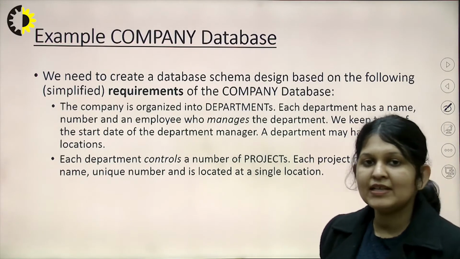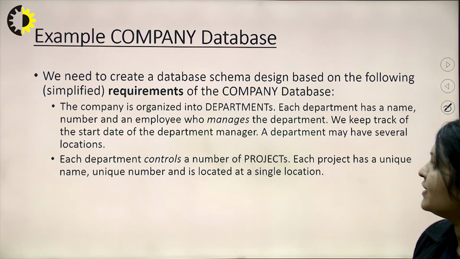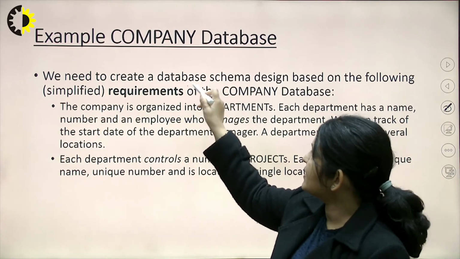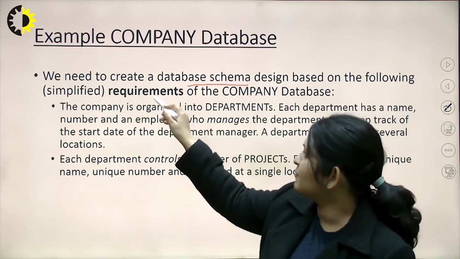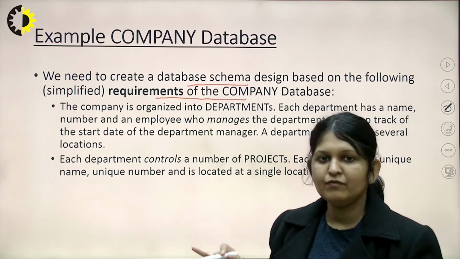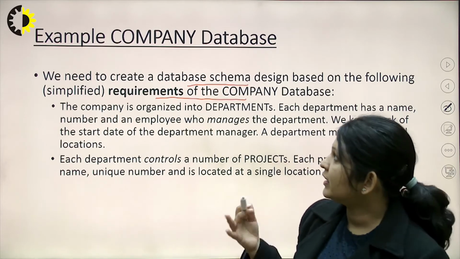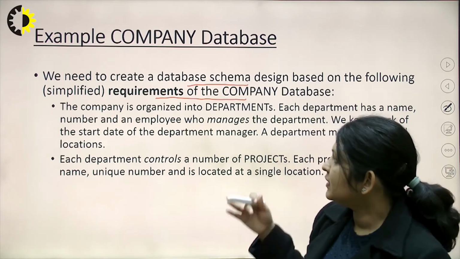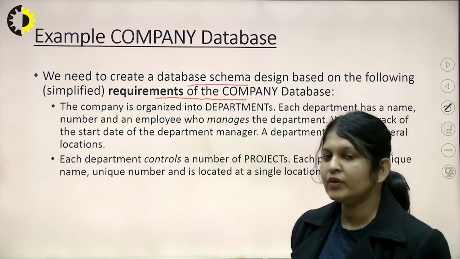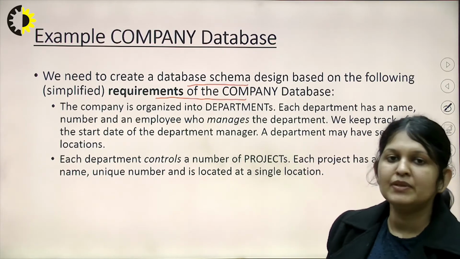So, here we have an example of the company database, that is we need to create a database schema design based upon the following simplified requirements of the company. When the database designers get into a conversation with the company people, these are the points they jot down while discussing the company database.